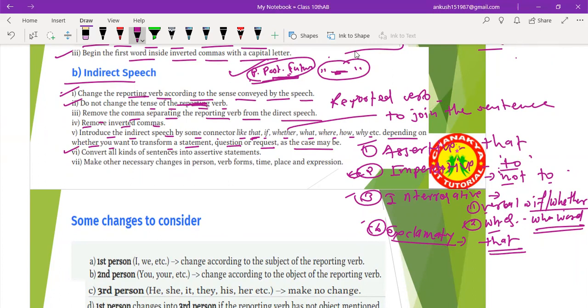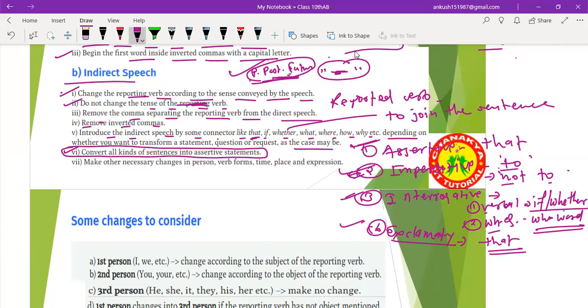Now, the next rule is to convert all kinds of sentences into assertive statements. This is very, very important. Whatever the sentence given, whether assertive, imperative, interrogative, or exclamatory, while transforming direct speech into indirect speech, you have to transform that sentence into an assertive sentence.